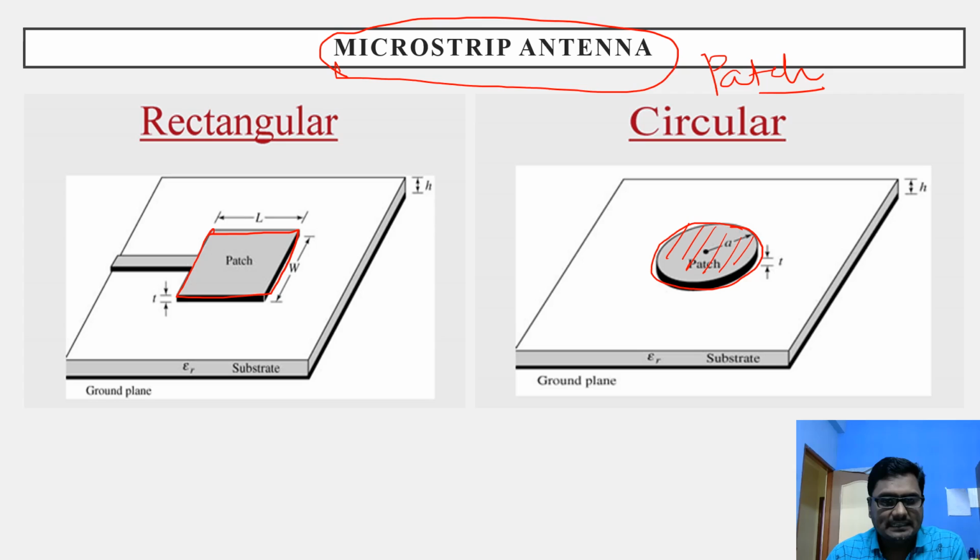Now in case of rectangular microstrip antenna, this is the effective antenna, and for this antenna I am providing a feed line here. It means this is a transmission line. Somewhere here I have to connect an SMA connector or maybe a coaxial connector, whatever. We are not going to enter into the types of connector for this time at least.